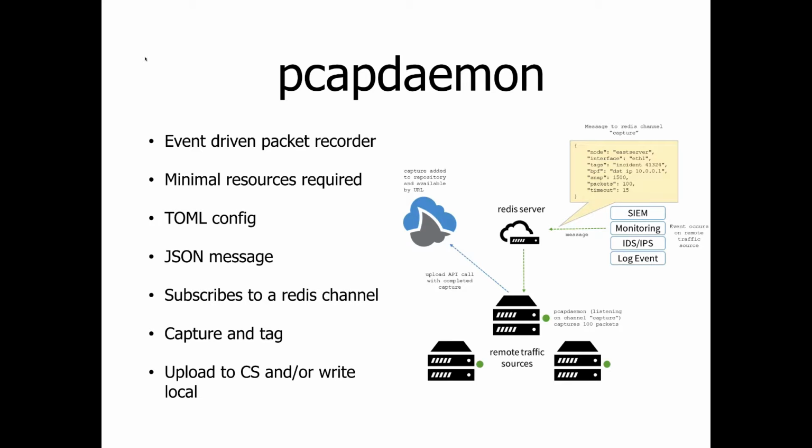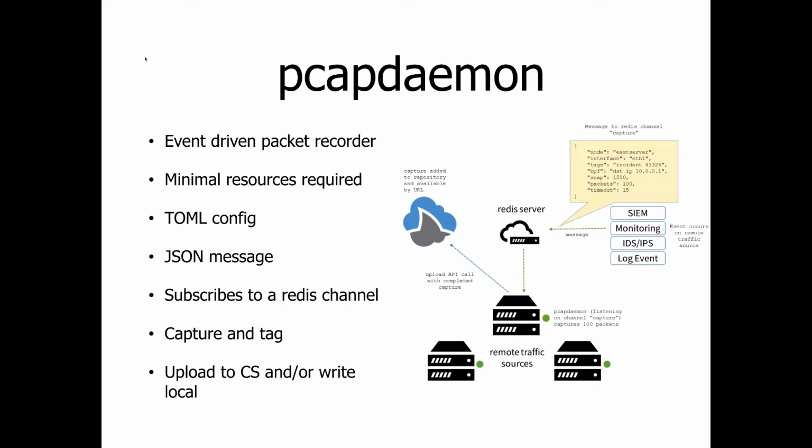There's a TOML config. I don't know if you're familiar with that, but it's very INI-based. Pretty simple. It's a JSON message across a Redis server. It's a Redis channel; you could subscribe to any Redis channel. It's configurable. And then the idea is just to capture and tag, right?